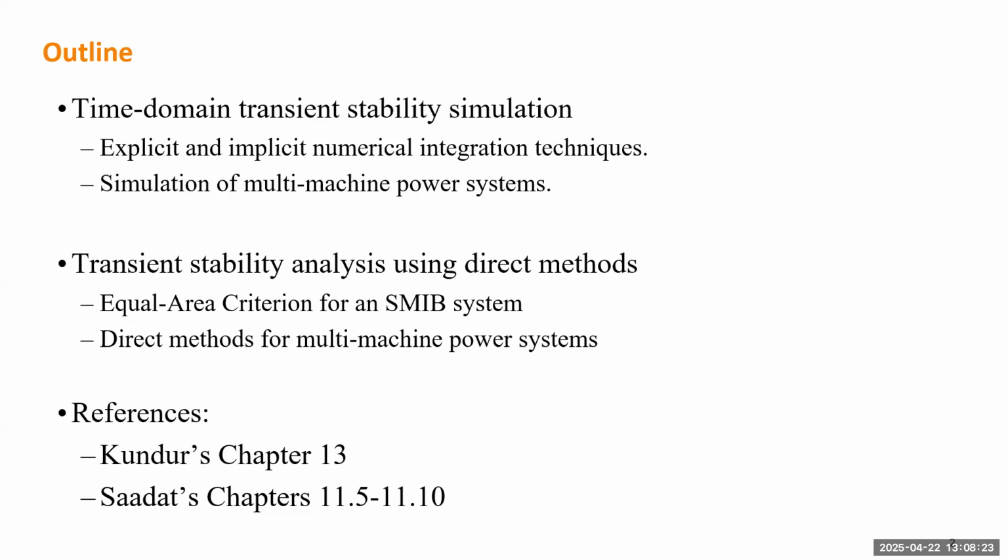Then we'll talk about how to simulate a general power system with multiple generators. Next, we'll also talk about some direct methods. So by using this direct method, you can judge the transient stability based on, for instance, the equal area criterion for a single machine infinite bus system, or using some energy function for multi-machine systems.